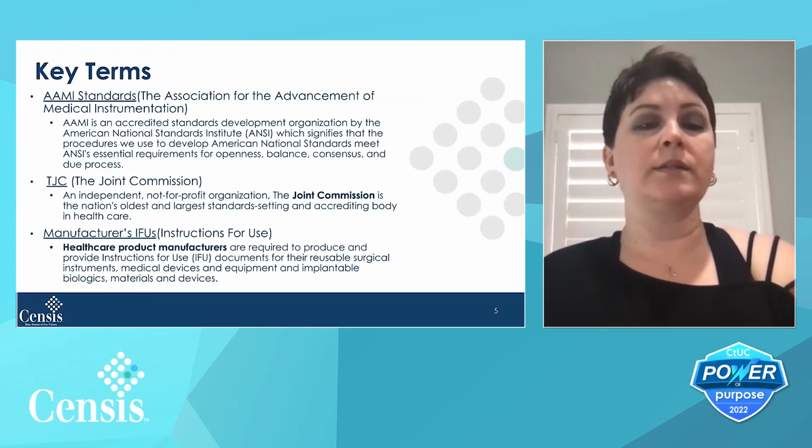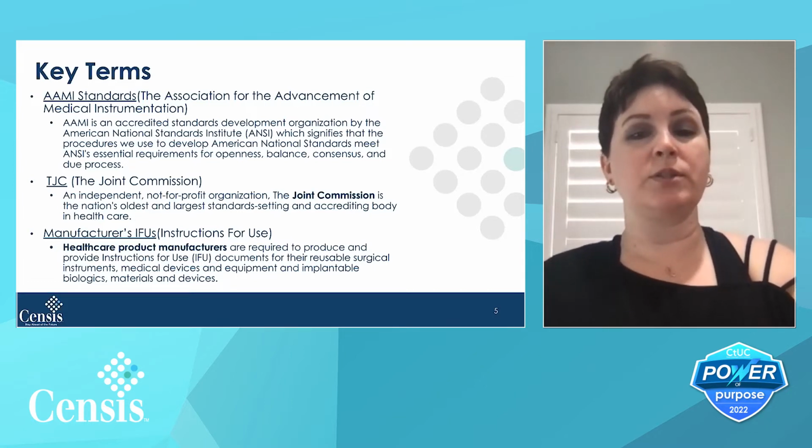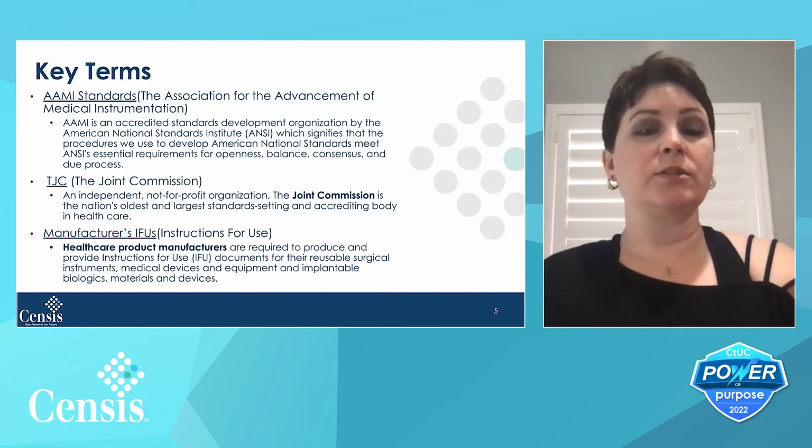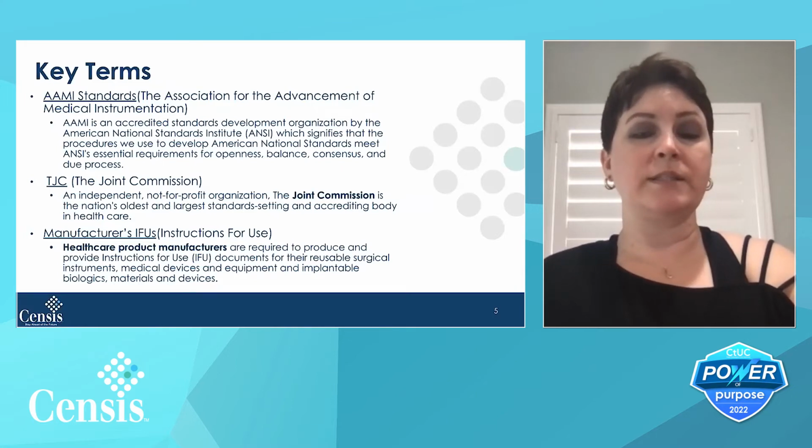TJC, also known as the Joint Commission, is an independent, not-for-profit organization. The Joint Commission is the nation's oldest and largest standard-setting and accrediting body in healthcare. Manufacturers' IFUs, which means instructions for use: healthcare product manufacturers are required to produce and provide instructions for use documents for their reusable surgical instruments, medical devices and equipment, and implantable biologics materials and devices.